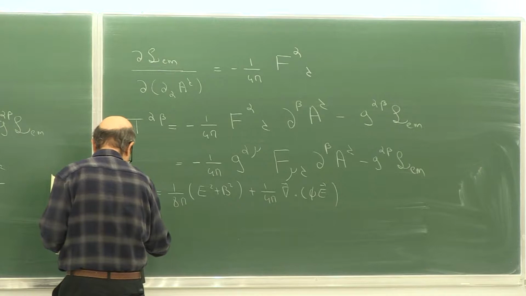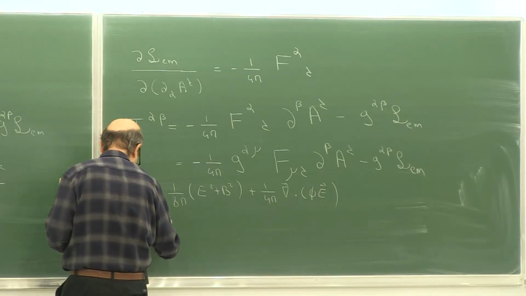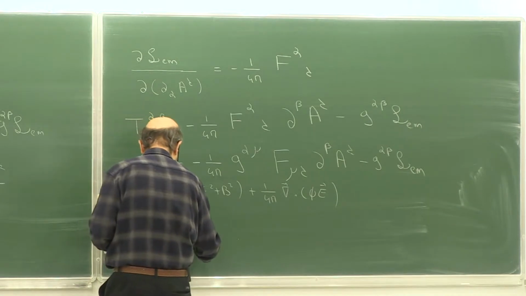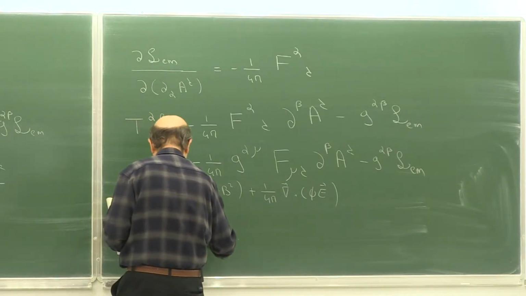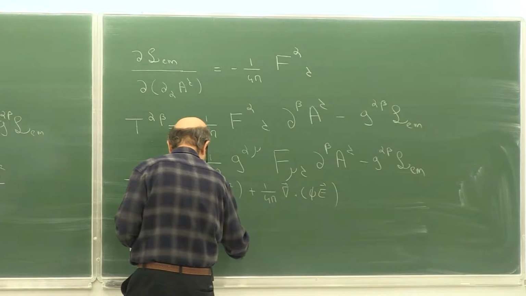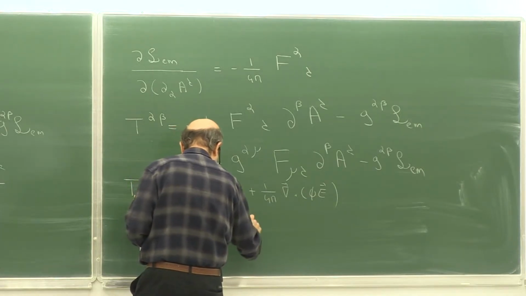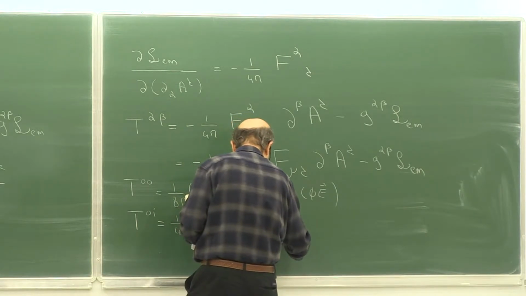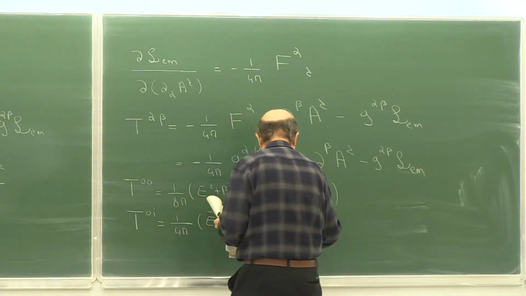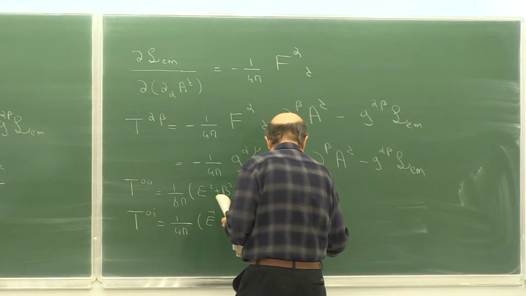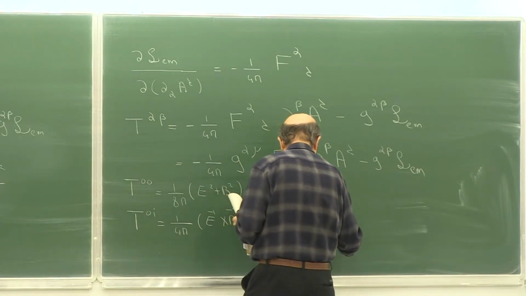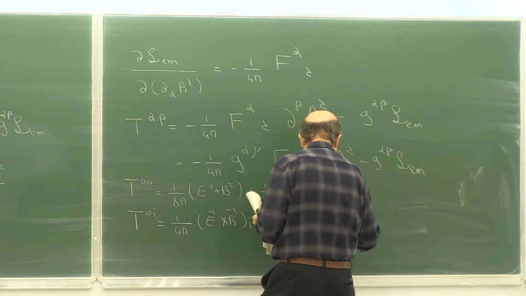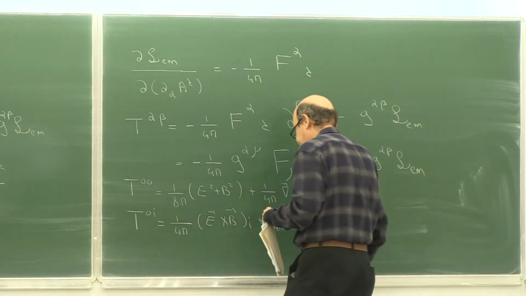Let us look at the other components. T0i is 1 over 4 pi (E cross B) i component, plus 1 over 4 pi divergence of the E component of the vector potential times the electric field.